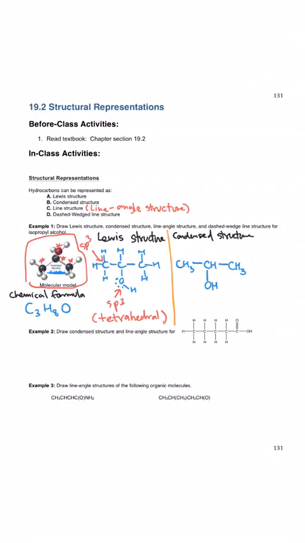Another way to write the condensed structure is without the single bond between each of these atoms. In order to write that, you can write CH3, omit the single bond, and write the next CH.